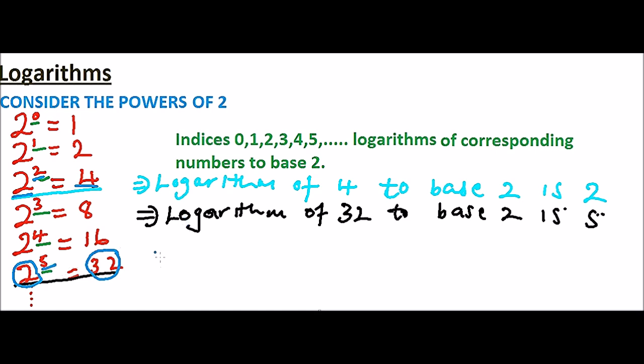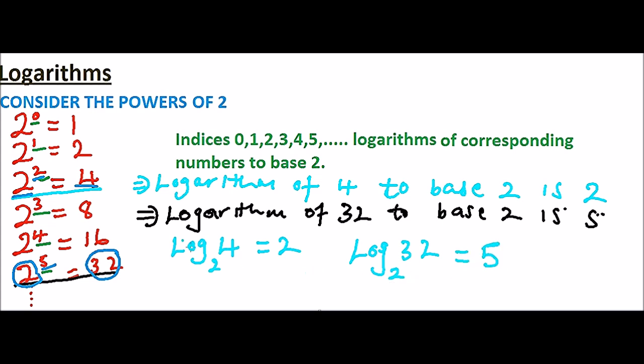So when we write this in short form, this is how we write. The first one we say the log of 4 to base 2 is equal to 2, and the other one we say the log of 32 to base 2 is equal to 5.